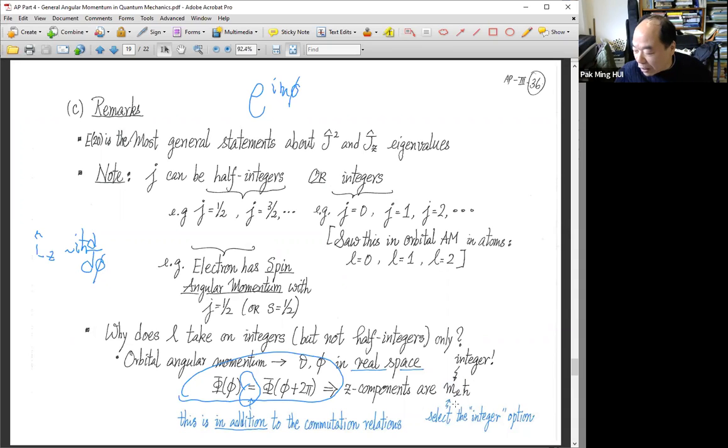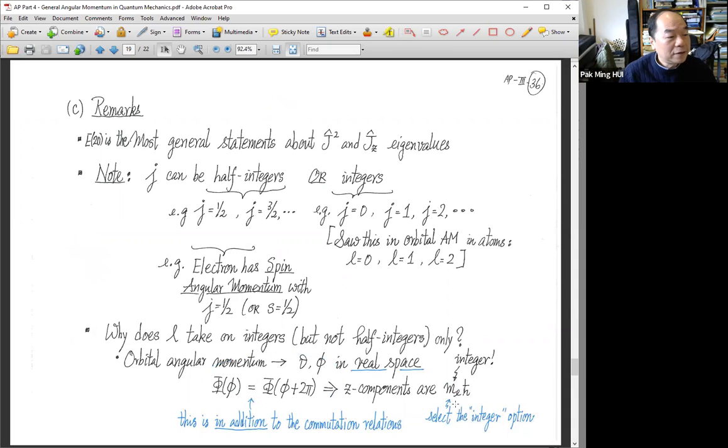There's no contradiction, you must realize. The commutation relations provide both possibilities. When you solve for the orbital thing, you are including additional requirement more than the commutation relations only. That fouls out the half integer option.